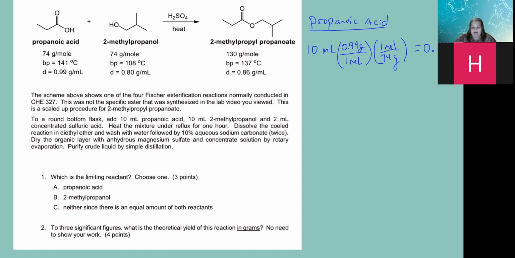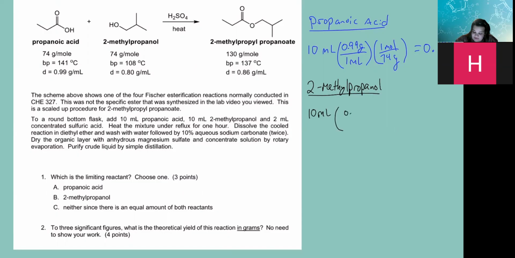Does that make sense to everybody how I went about this? All right, because they have different densities, they have different weights. Oh, actually their weights are the same, but they have different densities. So the amount of moles is going to change a bit. All right, now let's do 2-methylpropanol. So 2-methylpropanol, we also have 10 mLs of that.